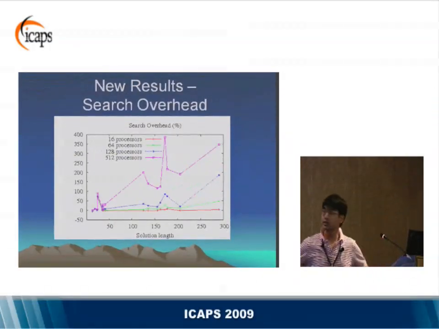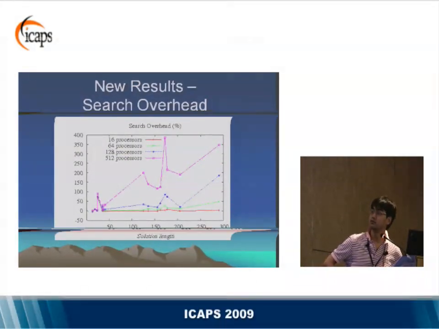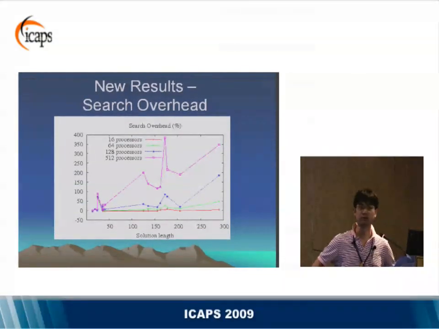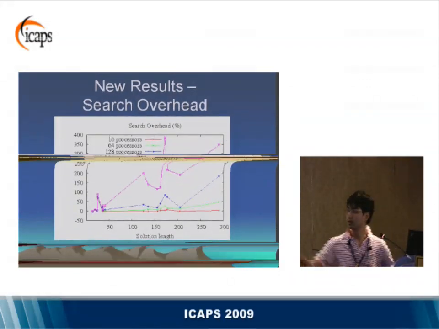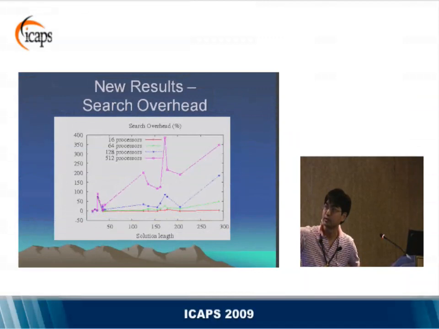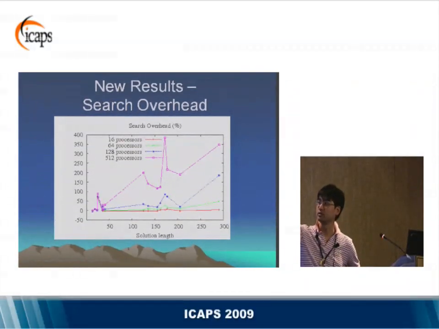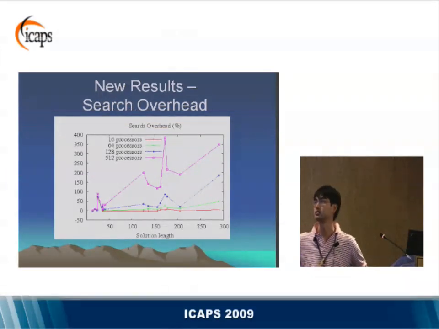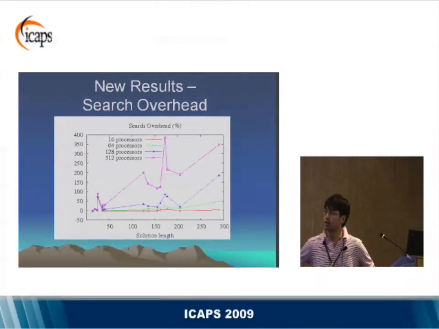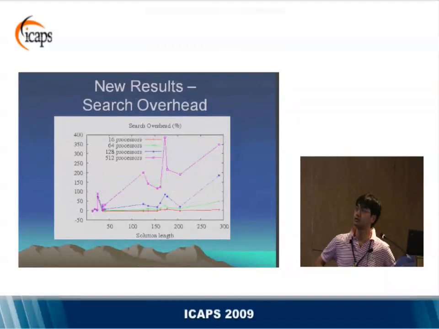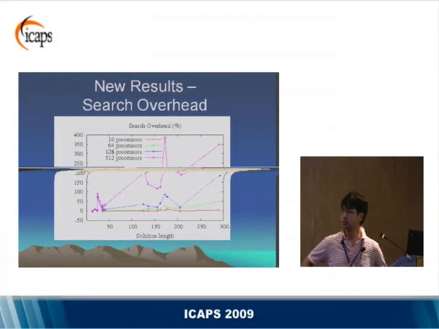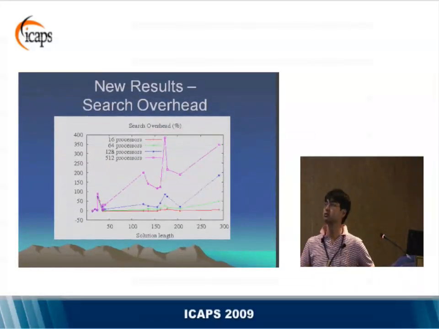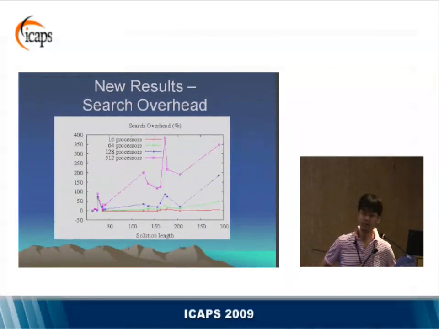And I checked the search overhead to see where the bottleneck comes from. And it's quite correlated to the solution length. This is the solution length, while this is the search overhead, the ratio of extra states searched by parallel search. And the search overhead becomes bigger with a longer solution and with a larger number of processors.